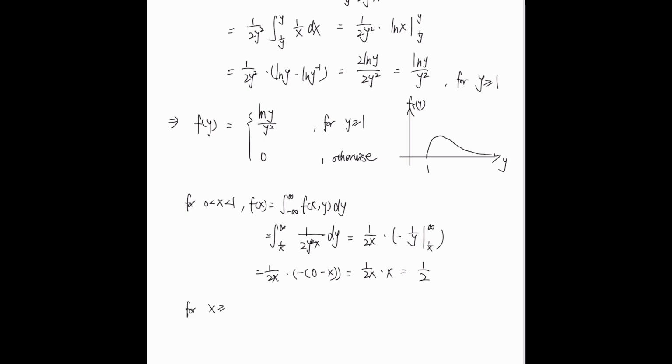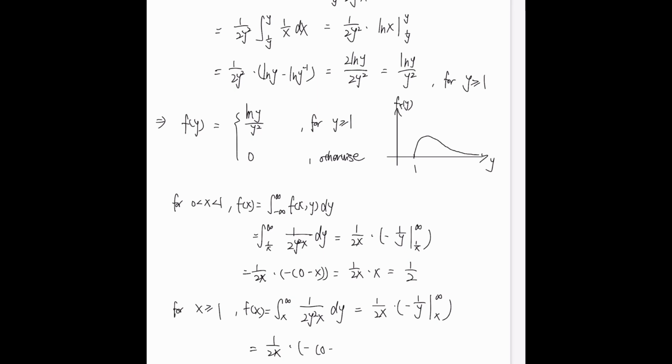For x greater than or equal to 1, f of x equals the integral from x to infinity of 1 over 2 y squared x dy, equals 1 over 2x times negative 1 over y from x to infinity, equals 1 over 2x times negative 0 minus negative 1 over x, equals 1 over 2x times 1 over x, equals 1 over 2x squared.